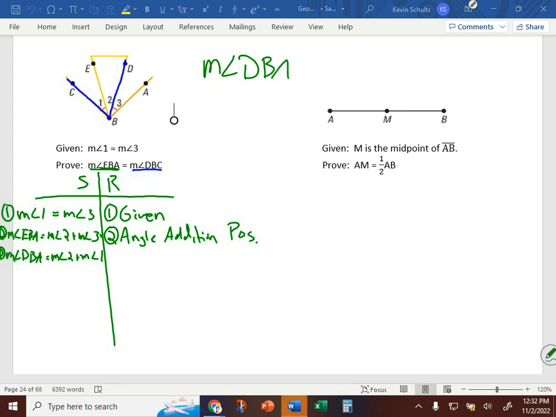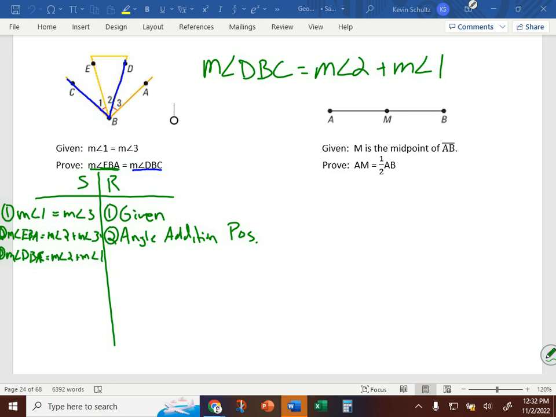The measure of angle DBC is equal to the measure of angle 2 plus the measure of angle 1. Right? We had to introduce DBC. That is what step 3 says.